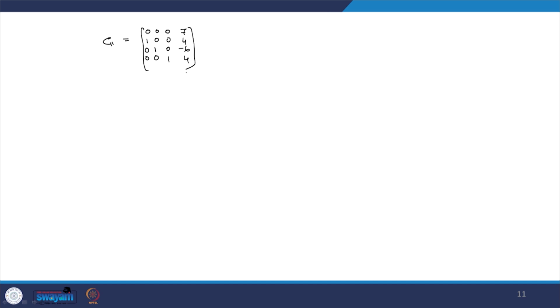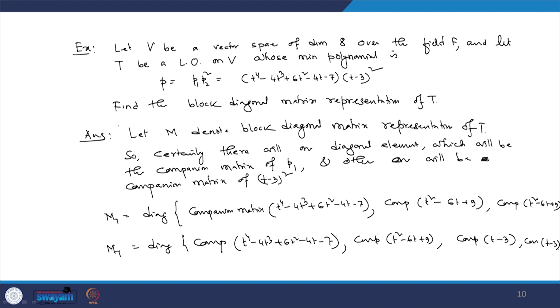And C21 I can say is 0 1 over minus 9, 6, and C22 is also the same as C21. And in this way you know how to calculate the companion matrices. So, you can have a block diagonal matrix representation of the operator T.